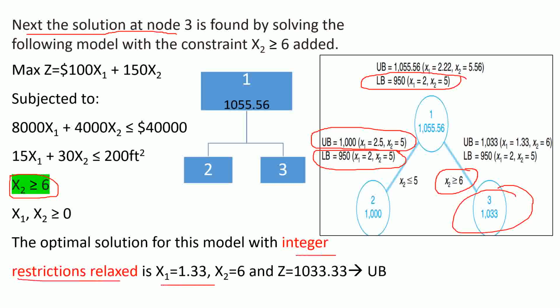So we get x1 equals 1.33 and x2 equals 6, and z becomes 1033.33. So this is the upper bound in node 3, and the lower bound is taken from the original lower bound.